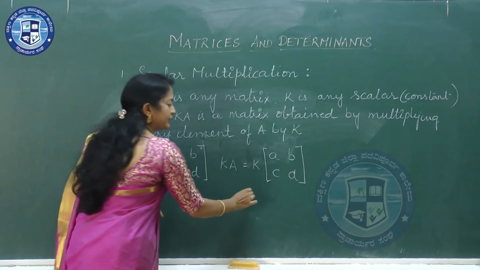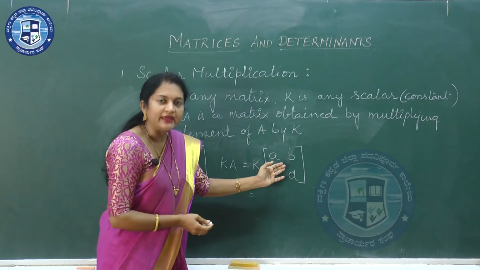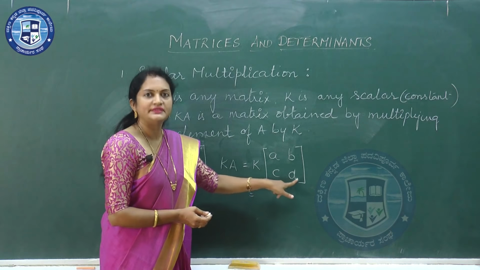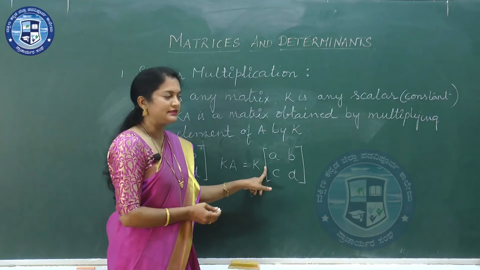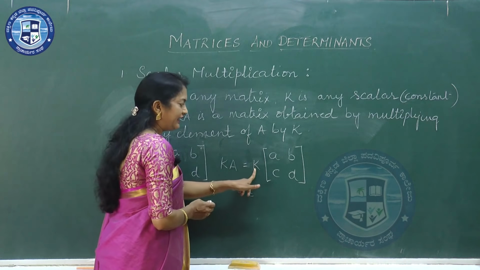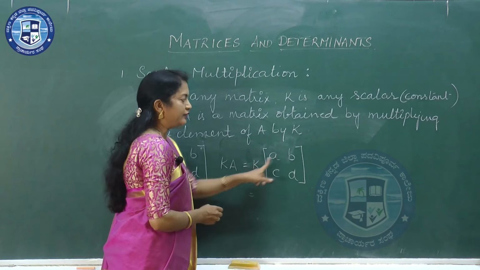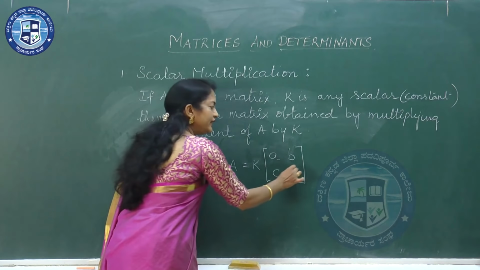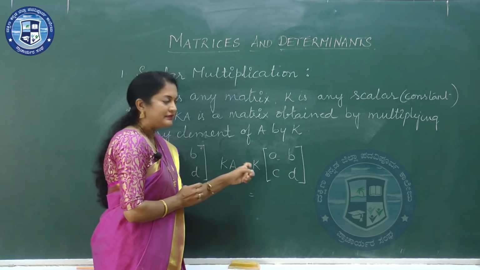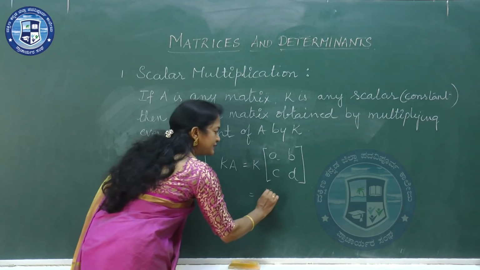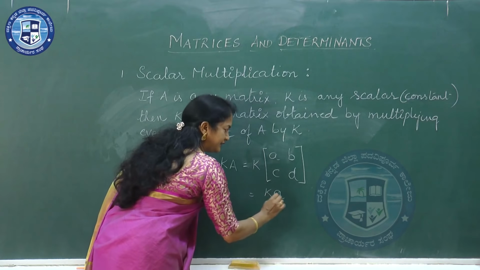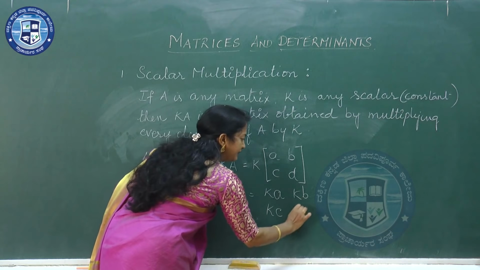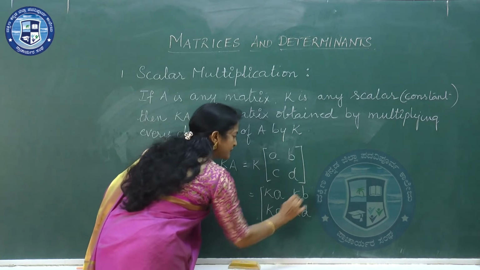When we multiply a matrix by a scalar, every element of this matrix is multiplied by this scalar. What does it mean? K into a, K into b, K into c, K into d. Every element we multiply by this scalar quantity. So we get the resulting matrix like this: Ka, Kb, Kc, Kd.